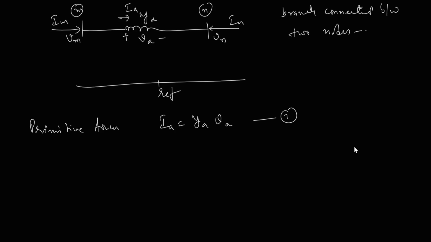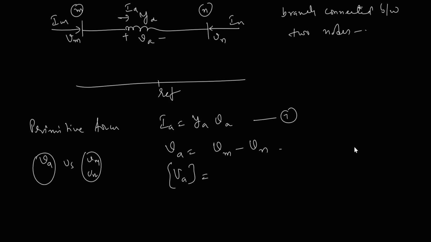Now I want the relationship between voltages Va versus Vm and Vn. So what is that relationship? So we have Va = Vm minus Vn, right? So putting in matrix form, Va = [1 -1] times [Vm Vn]. Okay.